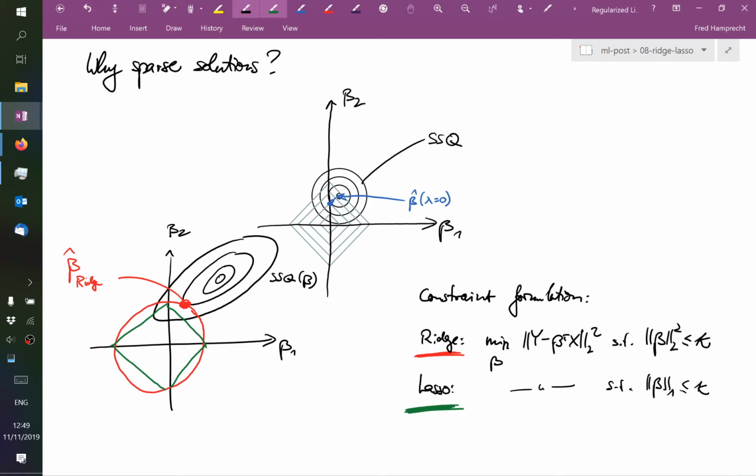Then the optimum solution will be there. So this would be beta hat Lasso.